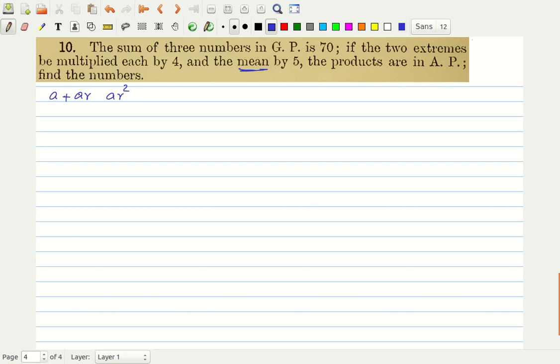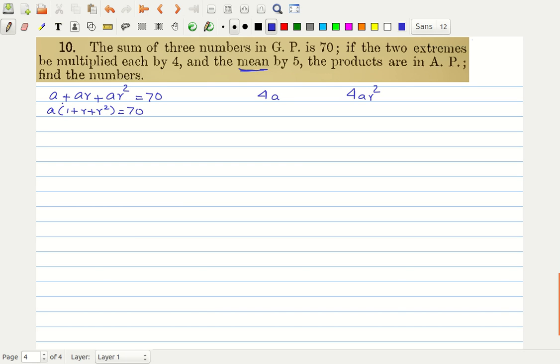We know that the sum of these terms is equal to 70. So A times (1 plus R plus R square) is equal to 70. Okay. Now we are multiplying the extremes by 4. So this becomes 4A, and AR square becomes 4AR square.